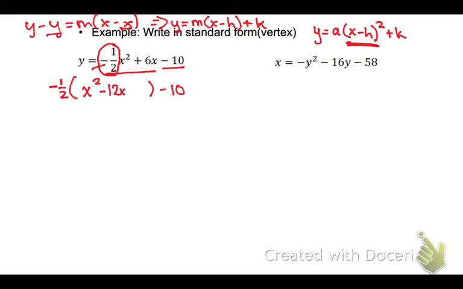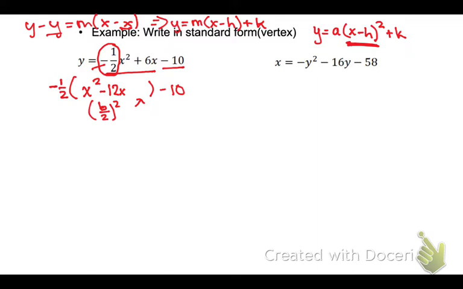Okay. So now here, right here, is b over 2 squared. So what's b? 12.